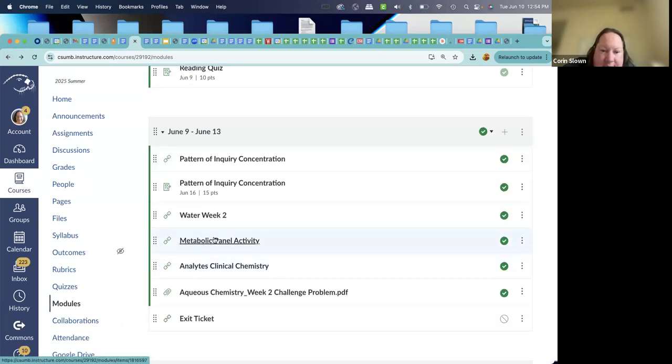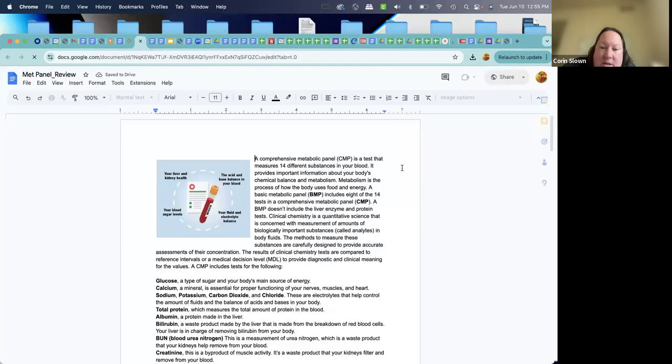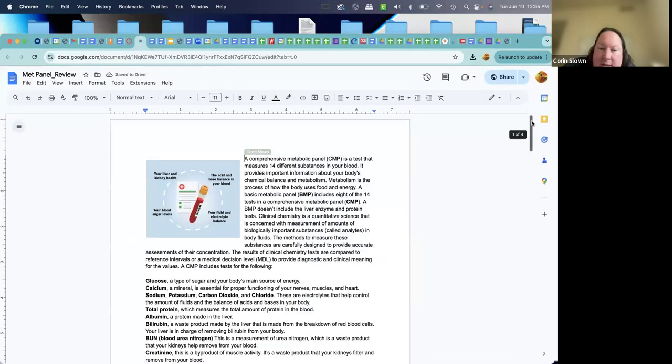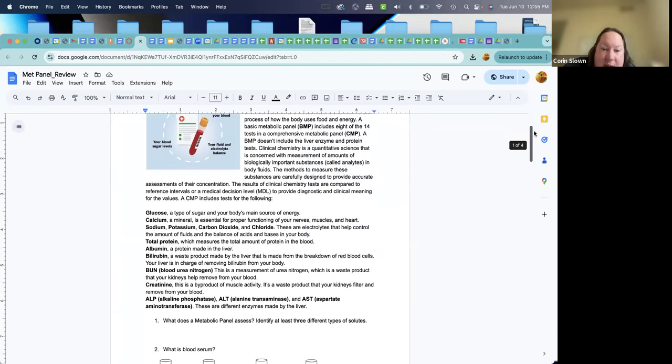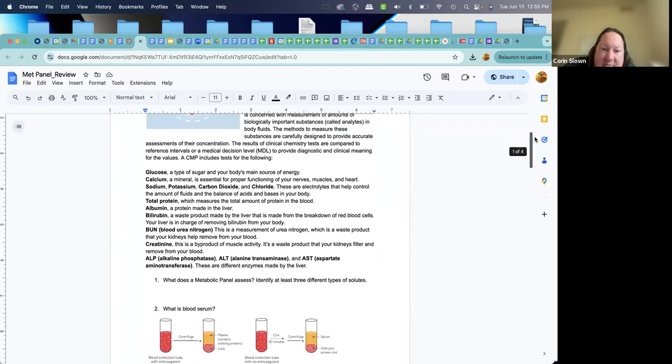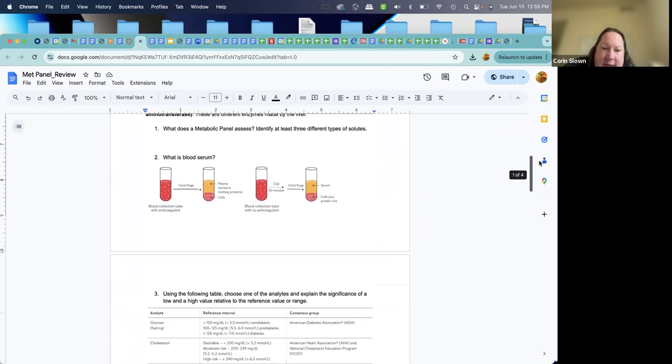There are some really useful ideas associated with the metabolic panel. So this is a space for you to do a little bit more exploration. There's a basic metabolic panel and a comprehensive metabolic panel. I give some examples of what we talked about in class today.